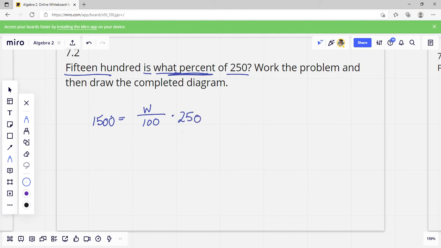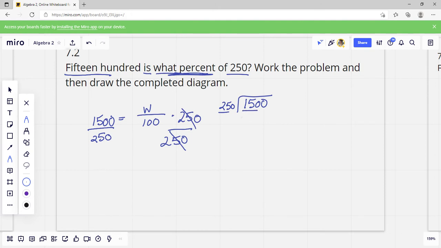So for this one, first we're going to need to divide by 250, because that's times 250. Those will cancel. 1500 divided by 250.